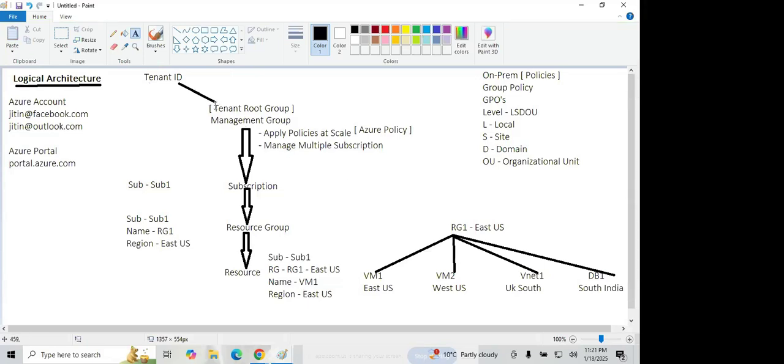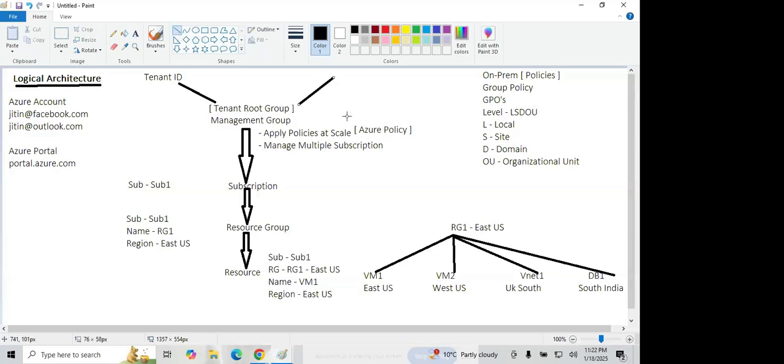Now the question comes, how do we get this tenant root group? The first management group is called the tenant root group, but how are we getting it? This point will be cleared later on in the upcoming sessions.